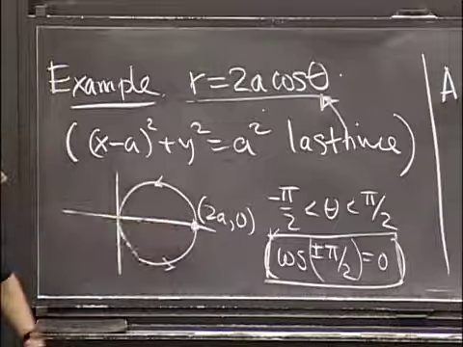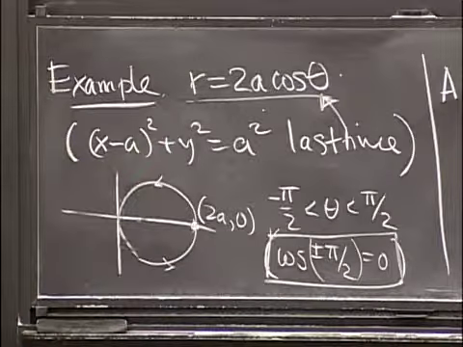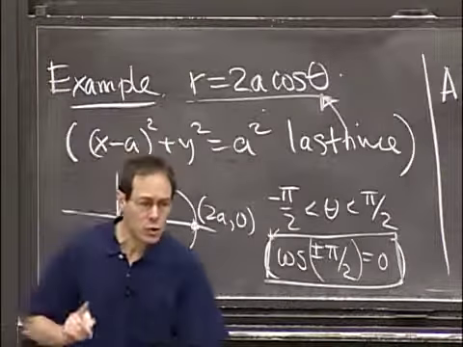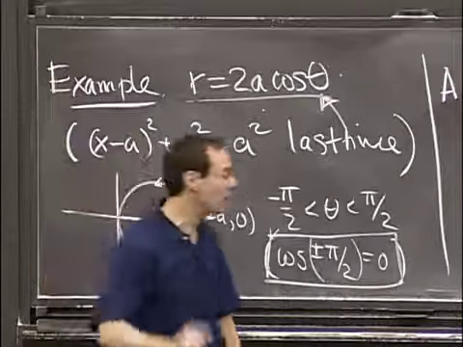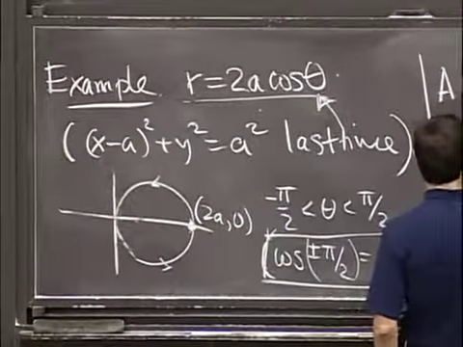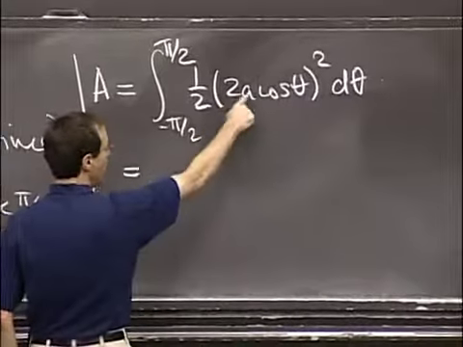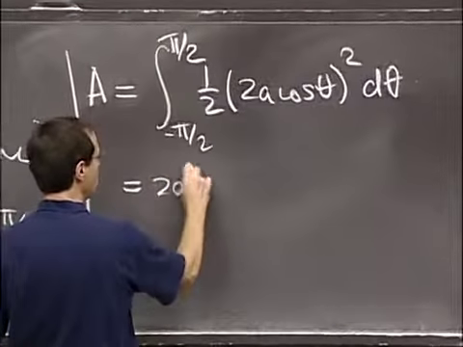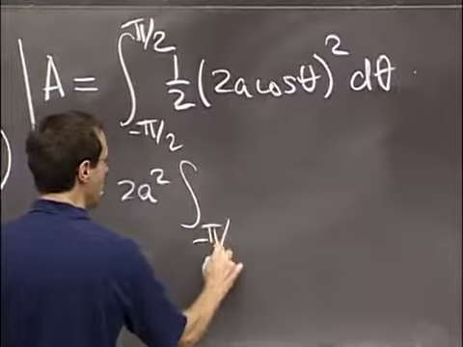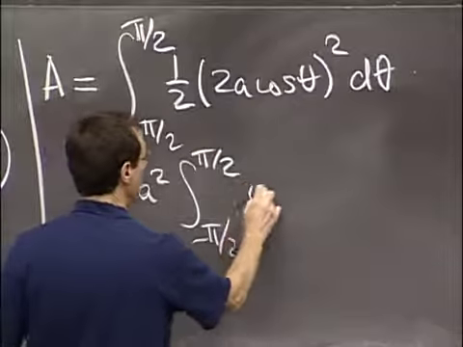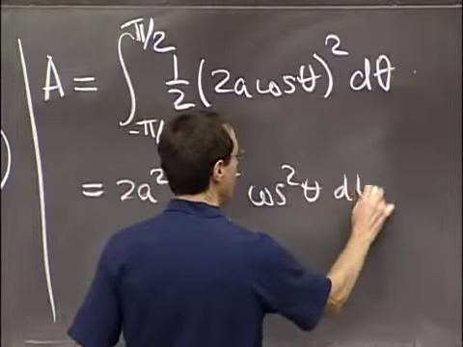All right, so here's the situation. Here's my integral. And now we're faced with a trig integral, which we have to remember how to do. First let me factor out the constants. This is 4a squared divided by 2, so it's 2a squared, integral from minus pi over 2 to pi over 2 of cosine squared theta d theta.